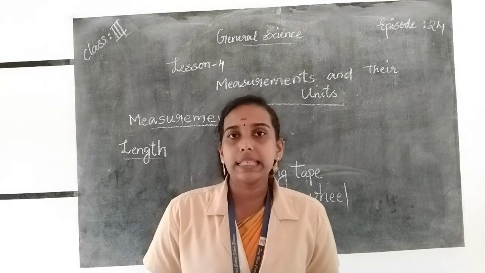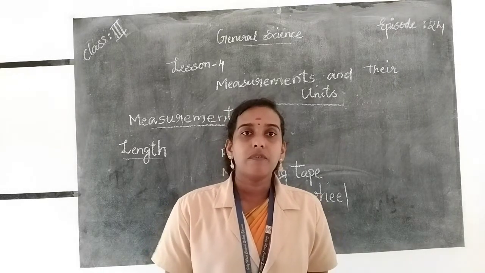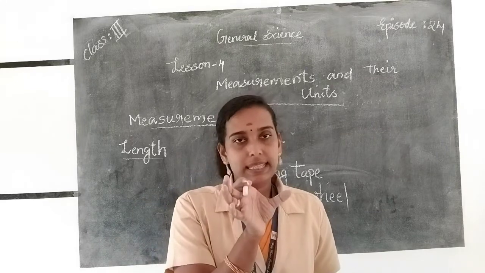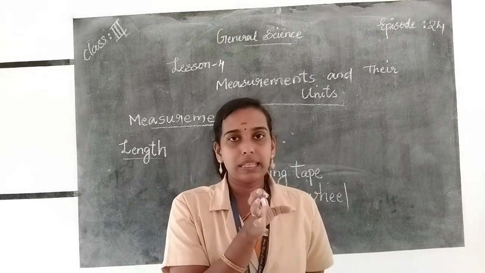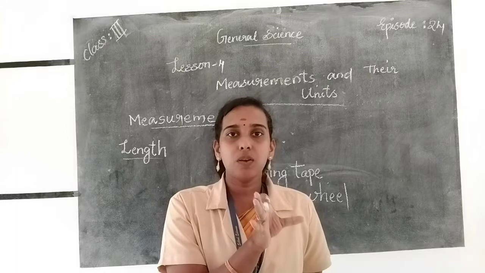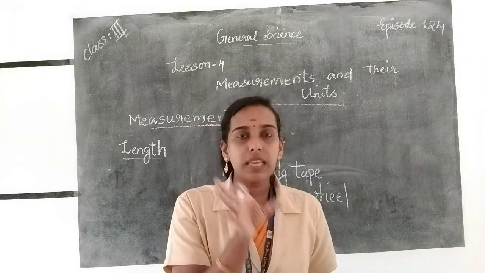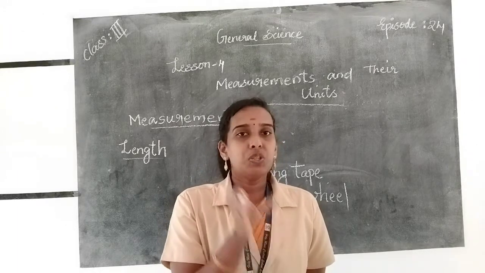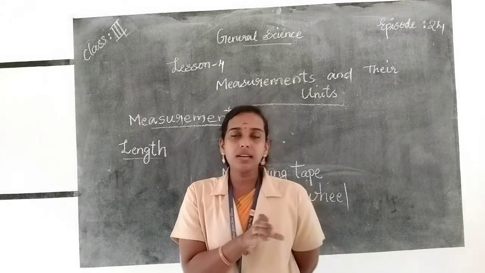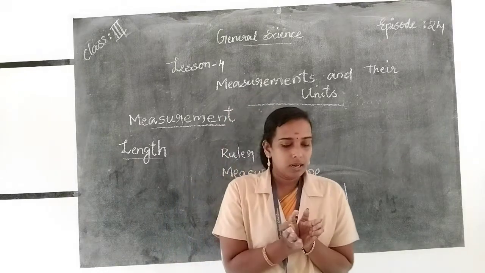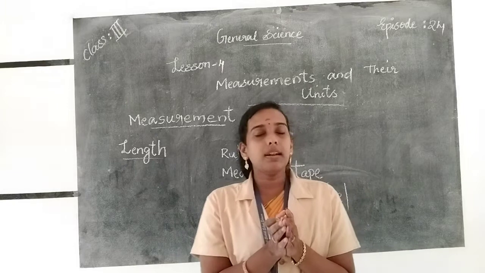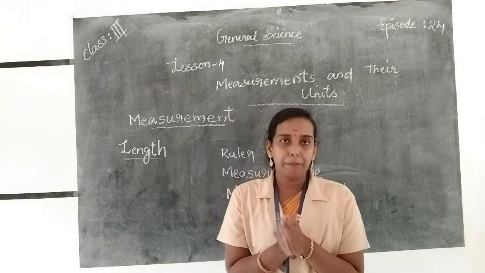When we take the distance between two cities, then we use kilometers. So to find the length of a large distance, we use the unit kilometer. To measure the length of smaller distance or smaller length, we use the unit meter.